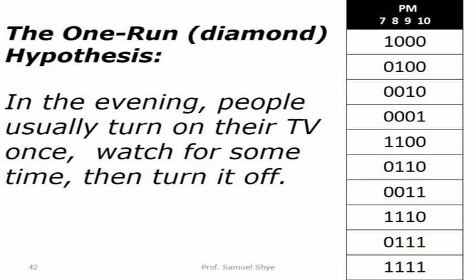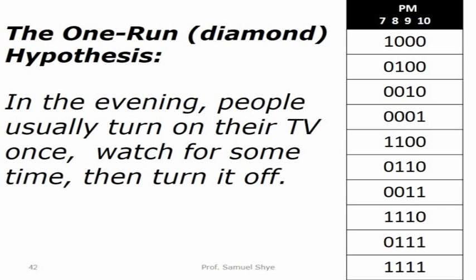Here is the one-run hypothesis. In the evening, people usually turn on their TV once, watch for some time, then turn it off. In a large representative sample of population P, only these 10 profiles out of the 16 possible ones actually occurred.